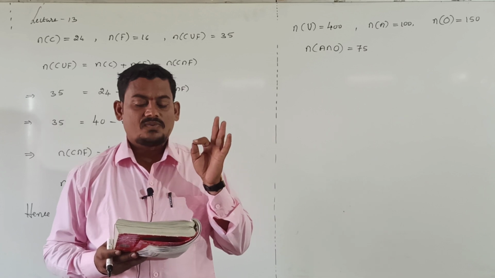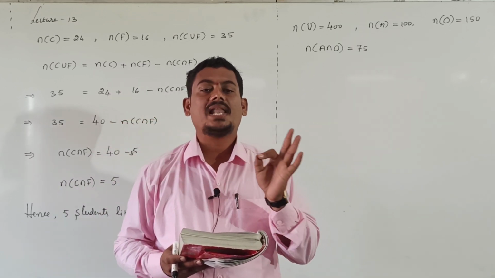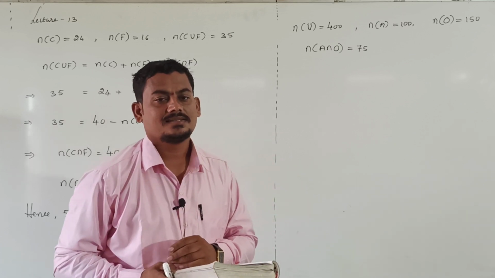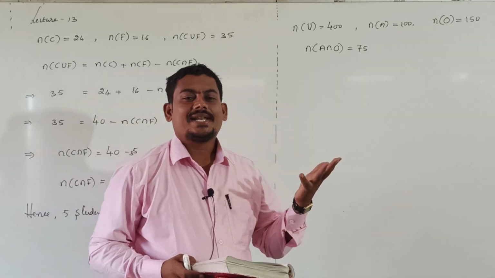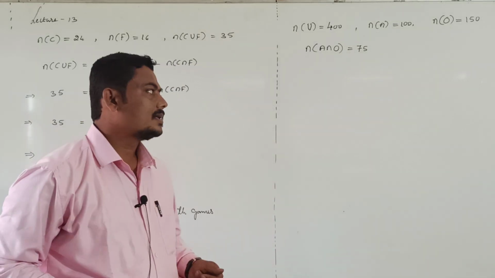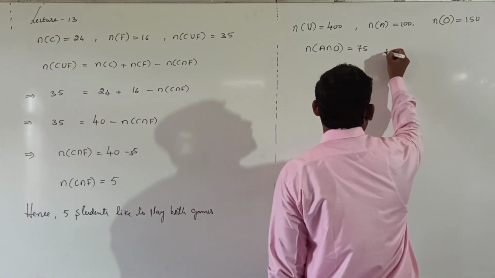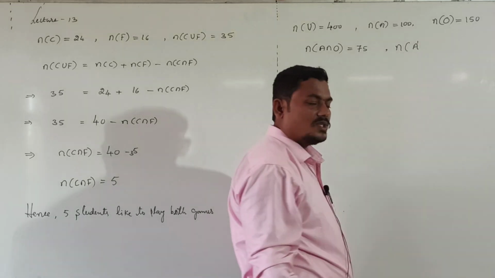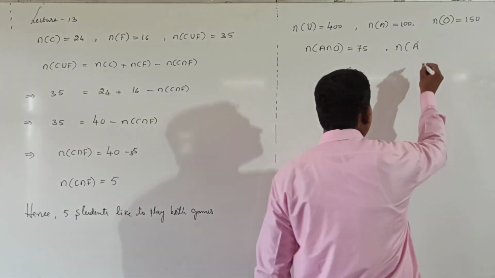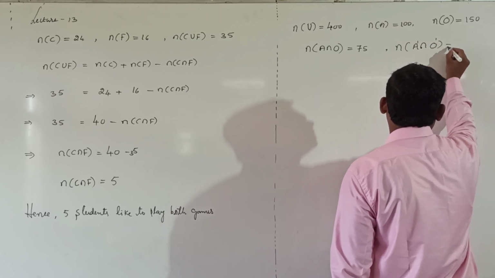Find how many students were taking neither apple nor orange. Means it is like not A and not B. We need to find not apple juice and, means intersection, not orange juice.